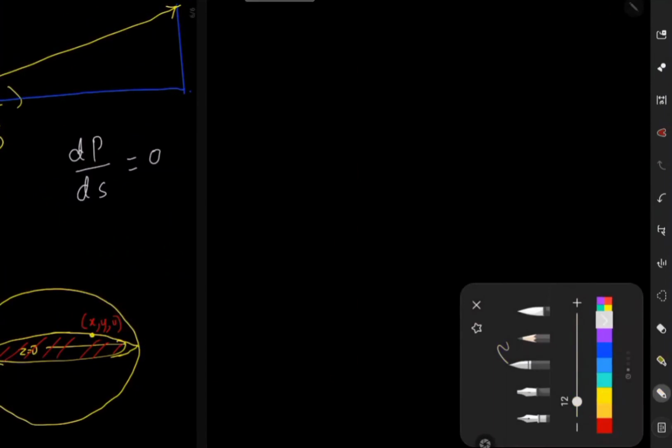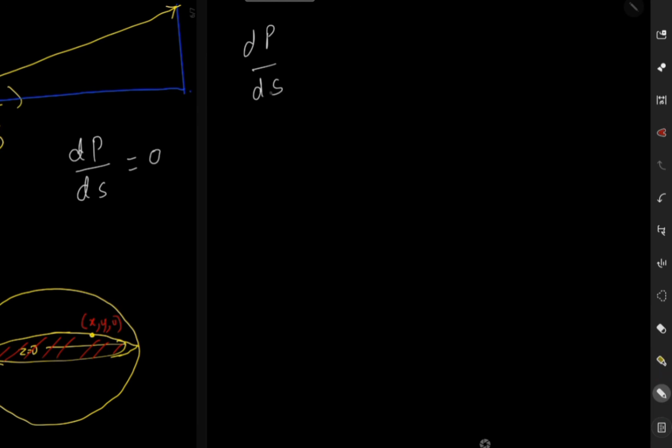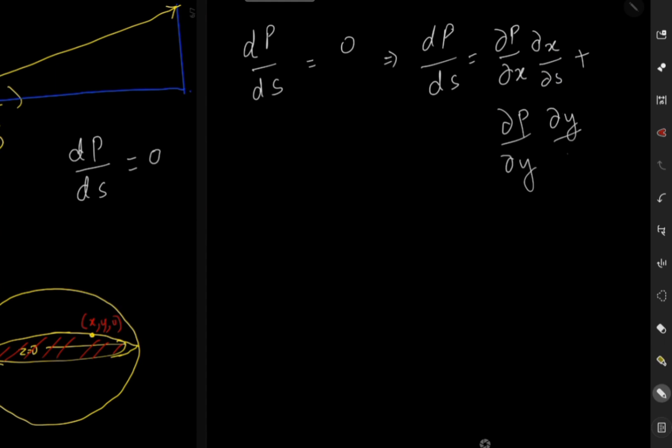dp by ds is equal to 0. So applying the chain rule, dp by ds can also be written as del p by del x into del x by del s plus del p by del y into del y by del s plus del p by del z into del z by del s.